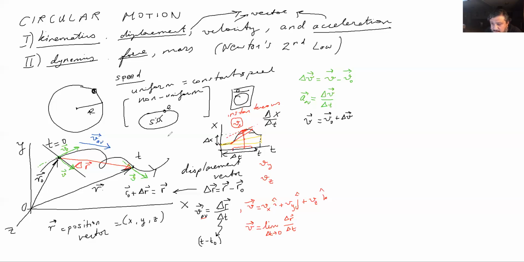Okay, so v naught plus delta v will give me v. So v naught plus which vector gives me v? V naught plus this guy gives me v. So this is delta v. All right?